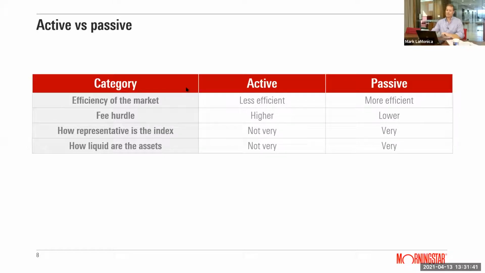How representative is the index? This is an interesting one. Basically, it means that within the universe of what a fund manager can buy, how representative is the index of that universe?